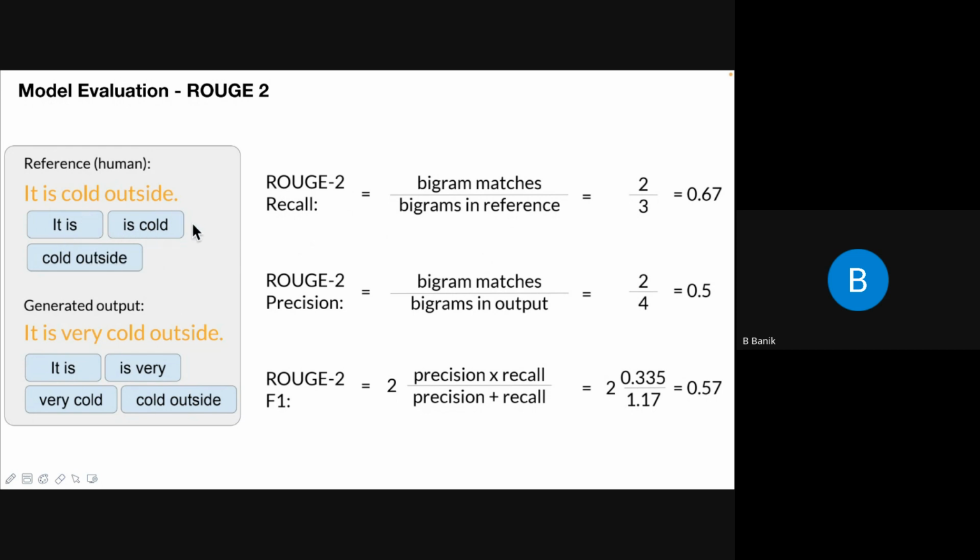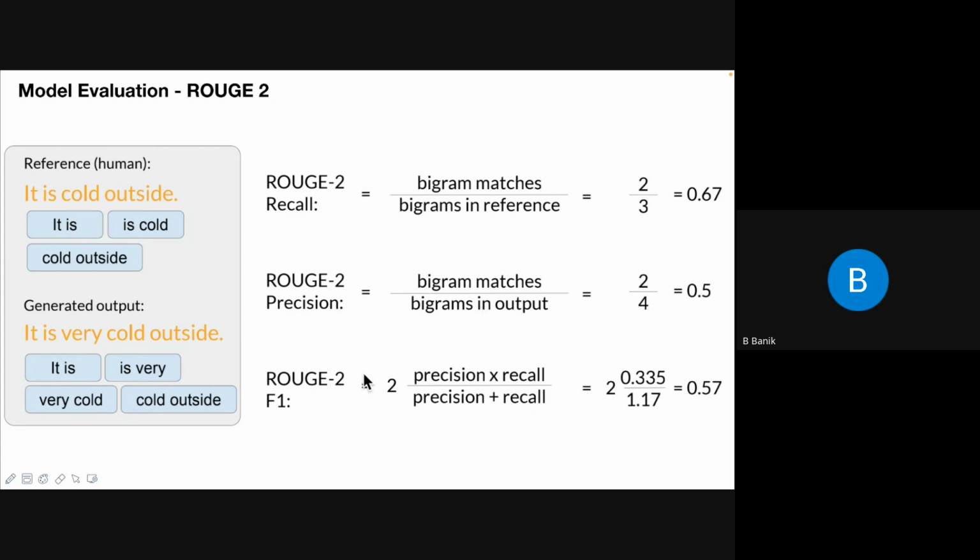There are two kinds of metrics, ROUGE 1 and ROUGE 2, but it is a similar concept. For the bigram matches in the precision, if you see the bigrams in the output, it has the similar extra word. That's where you are getting a score of 50%.